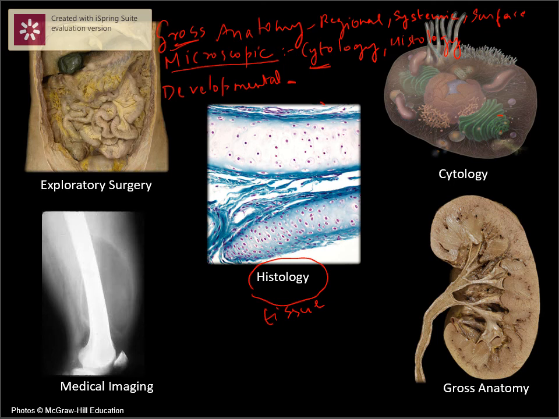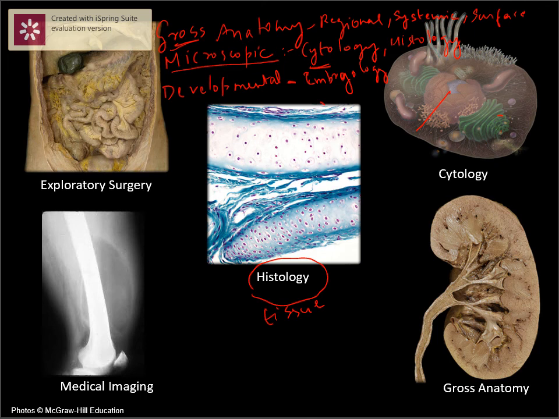However, embryology is a specific field in developmental anatomy. Embryology focuses on the changes before birth specifically. So these are the three main branches of anatomy.